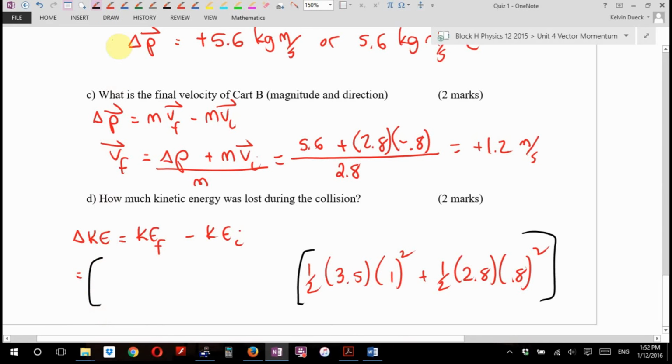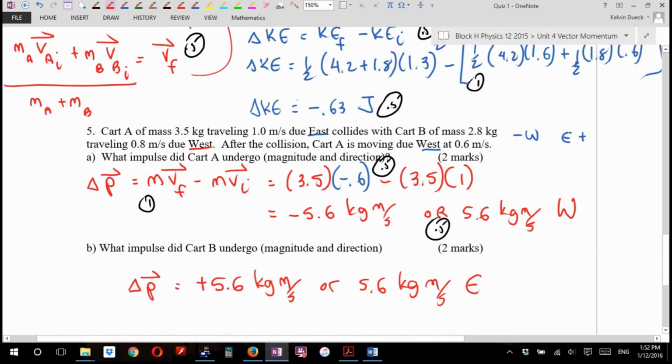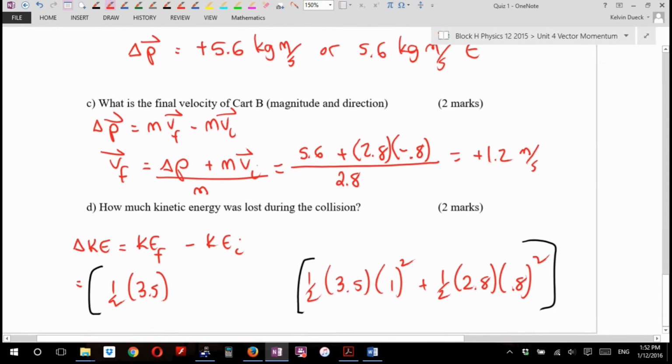Well, that's going to be car A, a half times 3.5. How fast was car A going afterwards? 0.6 squared plus a half times 2.8 times 1.2. That's my answer from part C squared. It's going to be that.